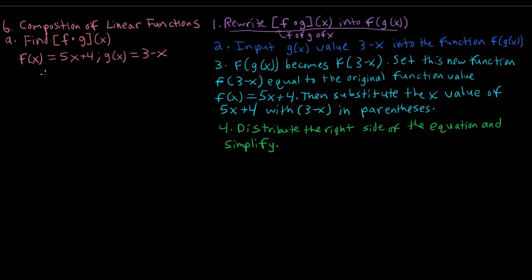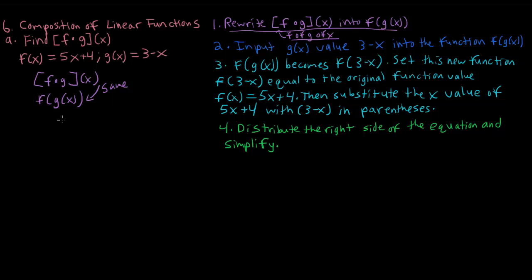So you have f of g of x, and again, this is how you say it, f of g of x. And we would just want to put it into the other form, which is f(g(x)). These right here are the same thing, just a different way to write it.